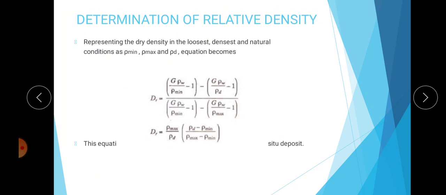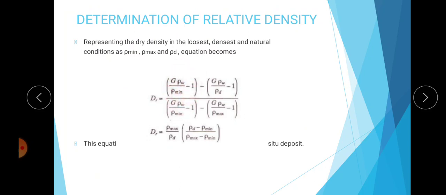This is the equation that you have studied for calculating dry density, that is rho D is equal to G rho W by 1 plus E. From that equation we can write E as G rho W divided by rho minus 1. So that is the formation of this equation.